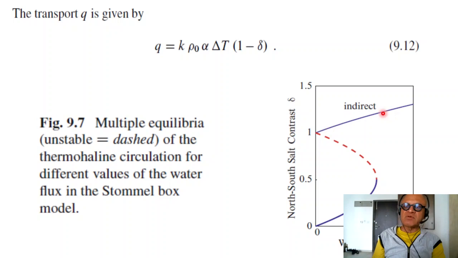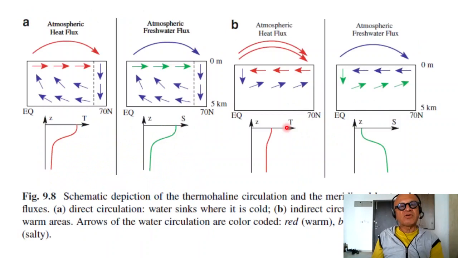So you can have a stable indirect and direct circulation with this rapid transition happening in some range of delta. Okay, simple ocean model, but you can produce multiple equilibria.